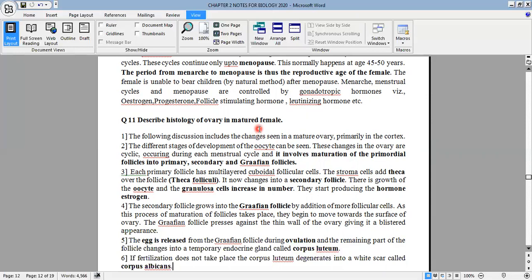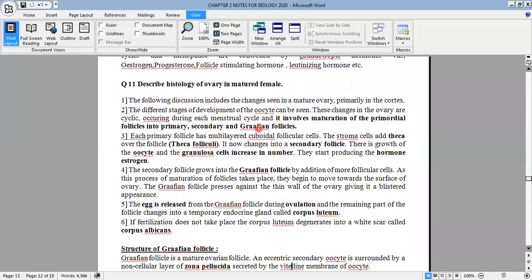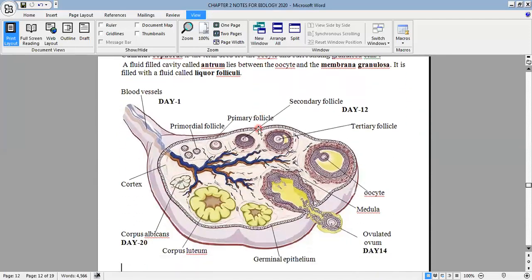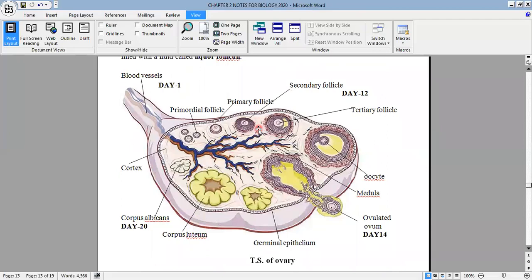As we have seen histology or TS of testes, same here we go with histology or TS of ovary. There is a diagram which shows TS of ovary. Now here you can find that TS of ovary again shows an outer layer.